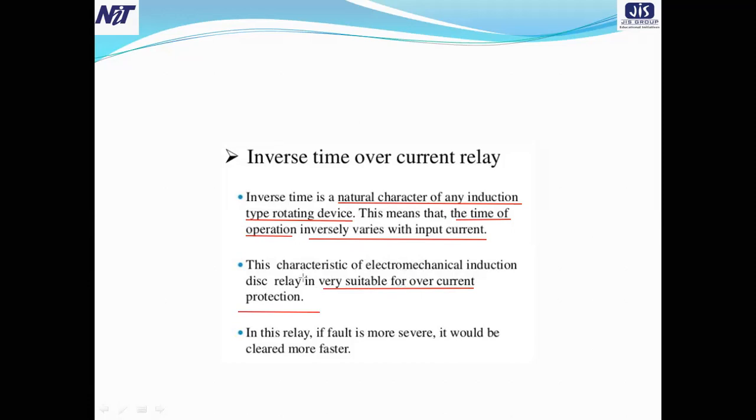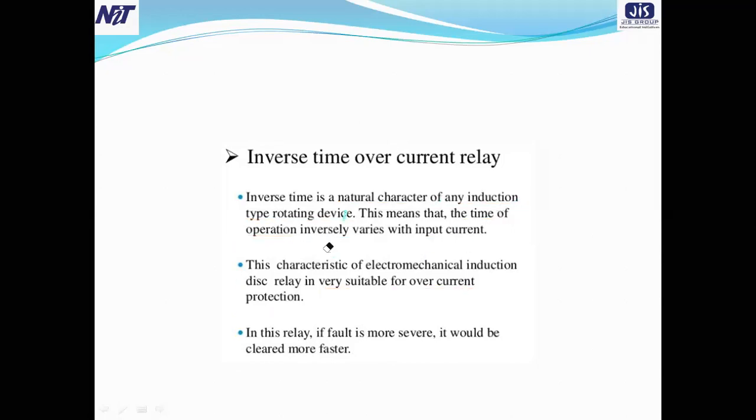And in this type of relay, if the fault is more severe, it would be cleared faster. So for that reason, the inverse time overcurrent relay has a great role in saving and operating the electrical system, because if the fault is more severe, it would be cleared faster.